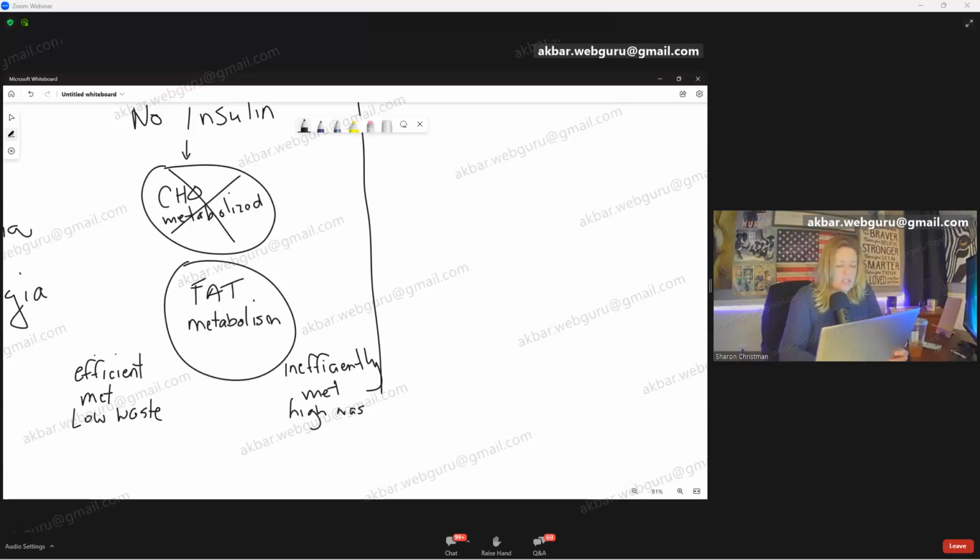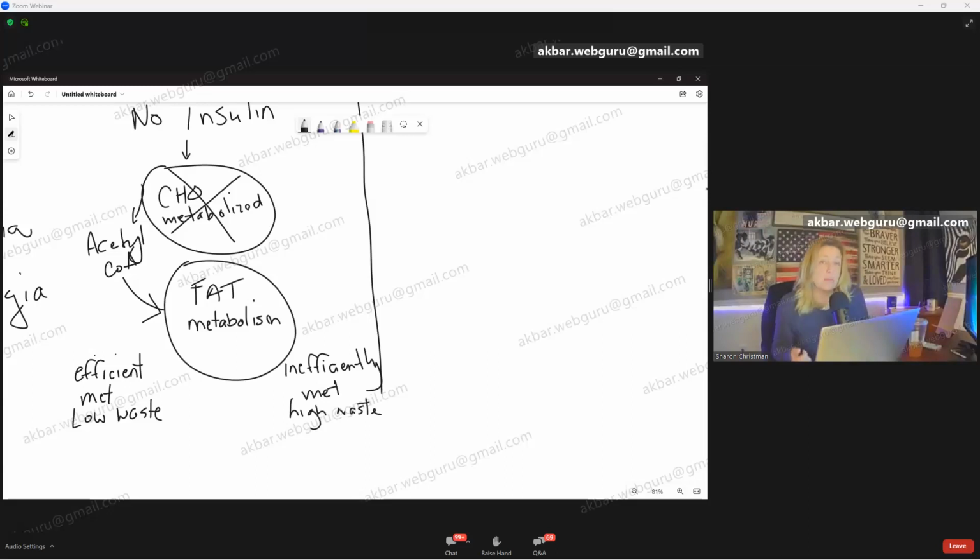Okay, so here's the question: what determines whether it's metabolized efficiently? You don't have to know this. I'm just explaining it to you so you understand why it is, but nobody's going to ask you this question on the NCLEX. When carbohydrates are metabolized, they release a substance called acetyl-CoA. And acetyl-CoA enters the fat metabolism cycle. And when acetyl-CoA enters the fat metabolism cycle, it allows fat to be metabolized efficiently.